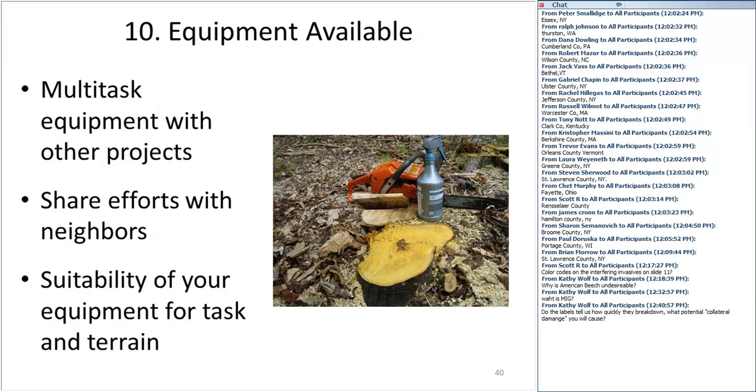Or maybe they have a relationship with a neighbor that has equipment that they can use. So equipment availability is a concern. That's less of a concern with vegetation contractors, because they would probably have access to a full suite of equipment that they would want to work with.